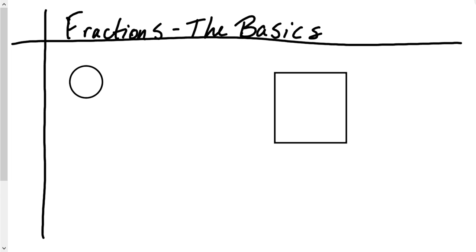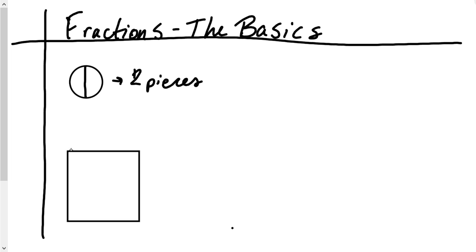So if I drew a line here and I cut the circle into two pieces, sorry, this is two pieces now. And then, let's move this guy over here. What if I colored one part of this red?